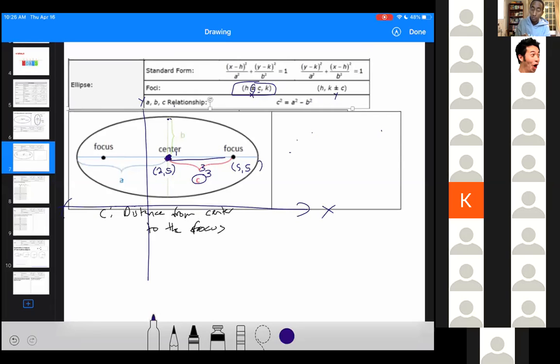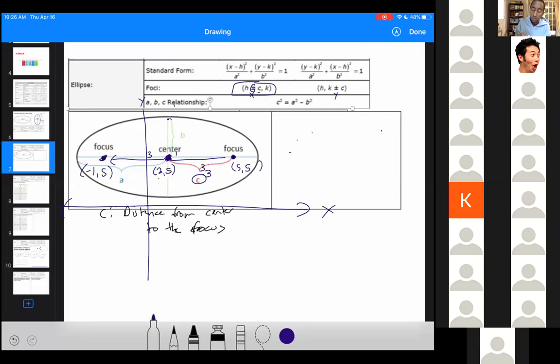If this was 2,5, this point over here would be 5,5. And then this point over here, if you went left and the C is 3, you'll be going -3. So 2 minus that 3, this point over here would be -1,5, right? Figure not drawn to scale, but generally, yeah.